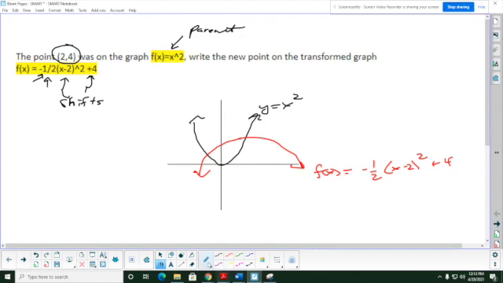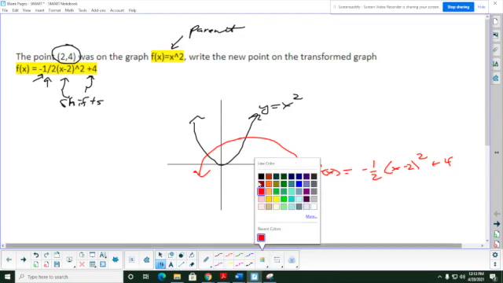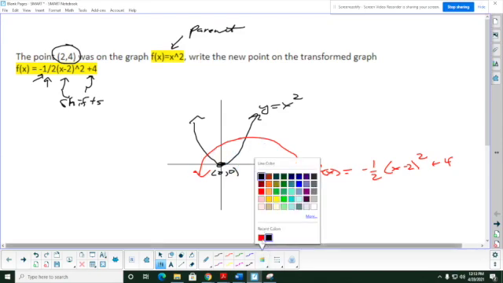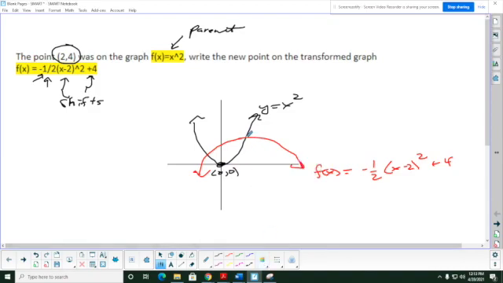What this question is about is whether you can follow a point. For example, we know the vertex on the parent function was at (0, 0), but on the new graph the vertex is at (2, 4). It went right 2 and up 4.